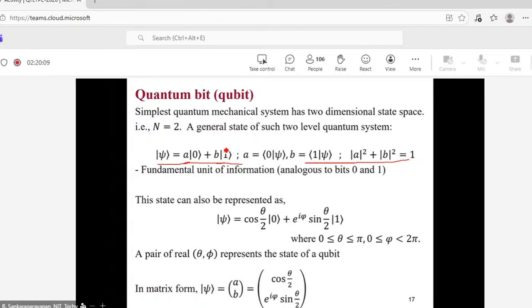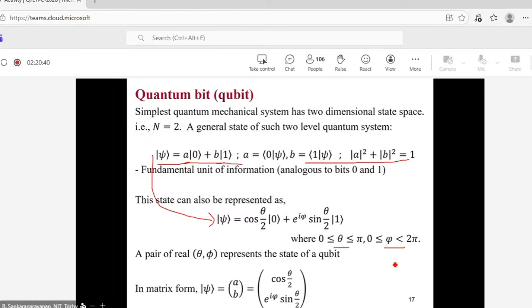Okay. So the same state can also be written down in this fashion. Psi is equal to cos(theta/2) ket 0 plus e^(i phi) sin(theta/2) ket 1. It's another way of writing the same state. Theta is between 0 and pi and phi is between 0 and 2 pi. So essentially we are writing the state psi in terms of two real variables, theta and phi.